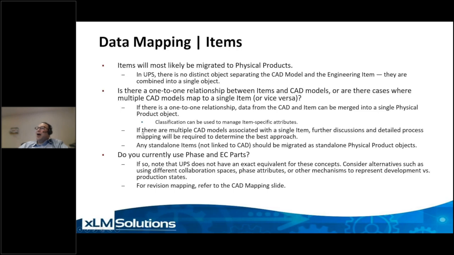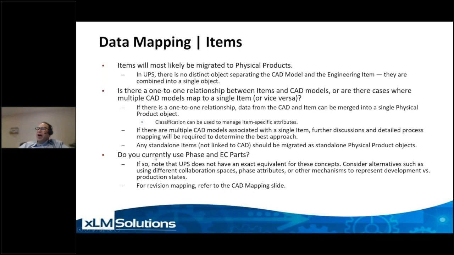If there are multiple CAD models associated with a single item, then definitely further discussion needs to happen to figure out what's the best approach to handle it. And if you have items standalone, not linked to any CAD, again, that's pretty straightforward. They would just migrate over as physical products as well.